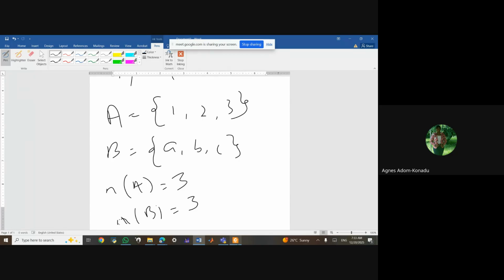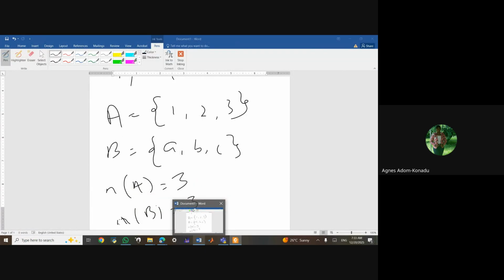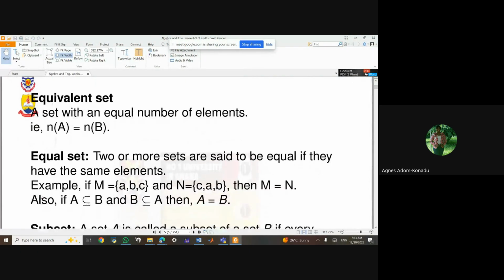So an equivalent set, a set with an equal number of elements, is called an equivalent set.